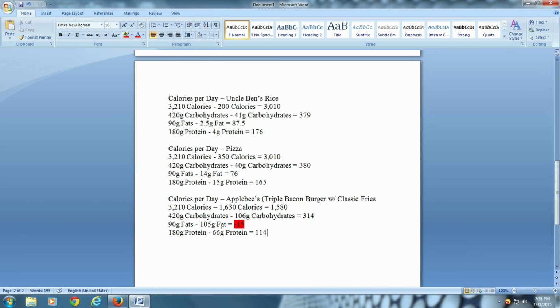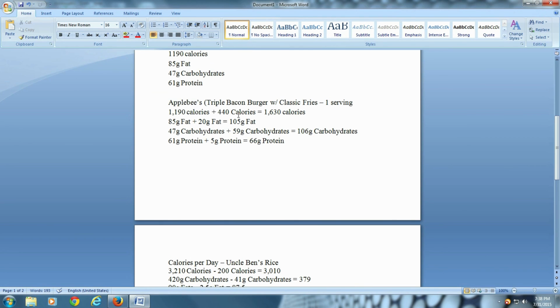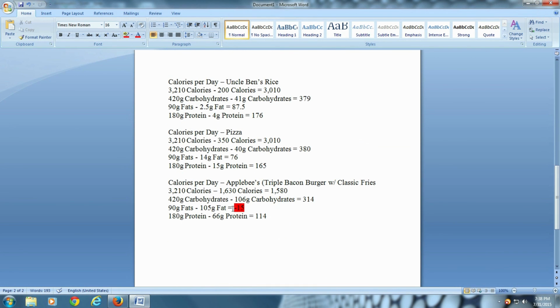Now this is where it gets crazy. I'm only supposed to have 90 grams of fat a day, but by the time I add up the burger with the fries, it gives me 105 grams of fat. I went over my fat by 15. And that's how a lot of people tend to make that mistake.